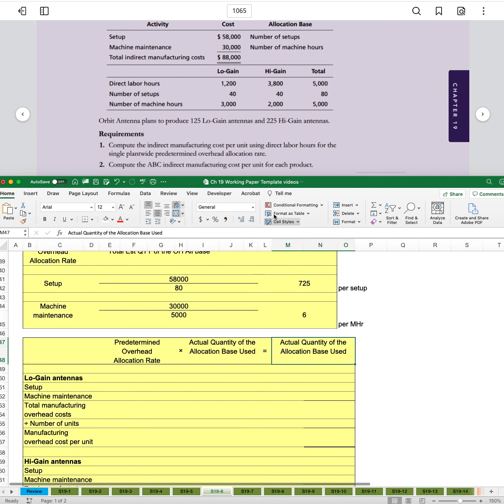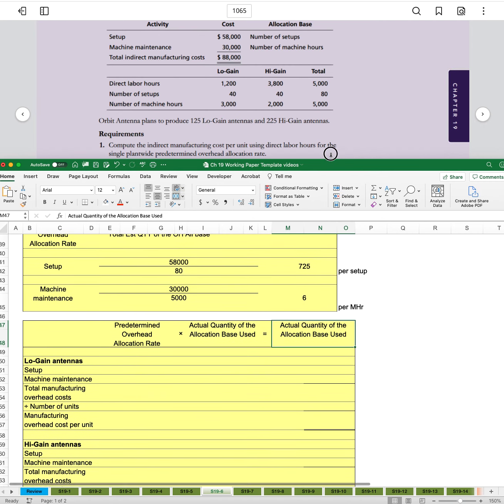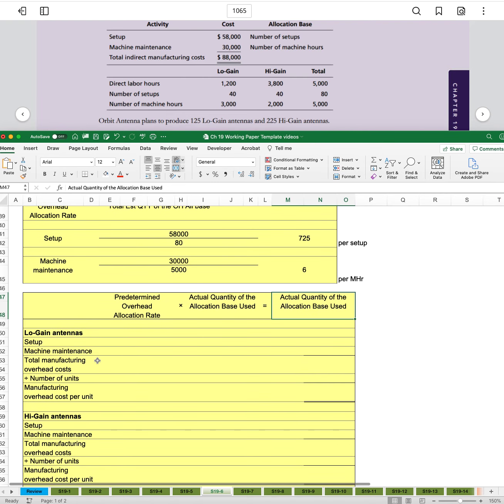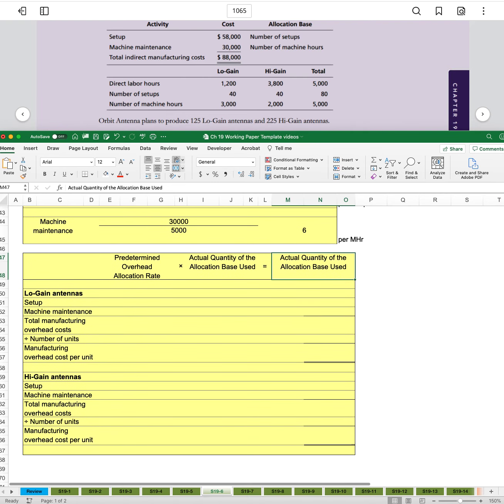So now I'm going to make this Excel sheet a little bit bigger. So now we can plug this information into our table for low gain antennas and high gain. And we're going to look at setup and machine maintenance to get the total manufacturing cost before we divide by units.